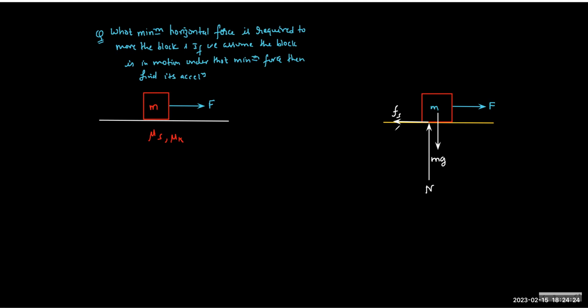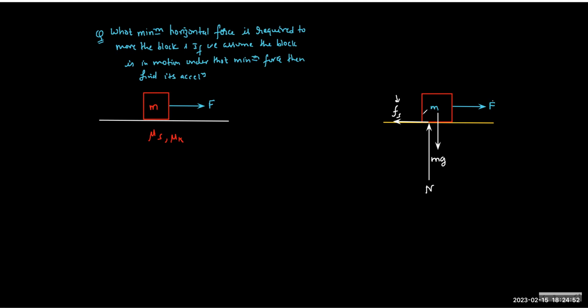So how much minimum force do you need to apply in order to move the block, when the block will start moving? Static friction is self-adjusting in value, but it can go up to some limiting value, right? So to move the block, F must exceed the upper limit of this friction.